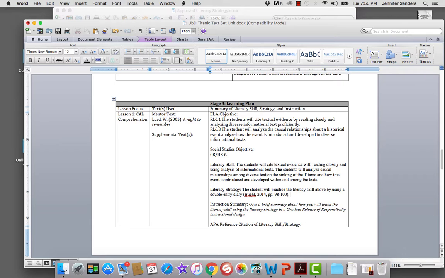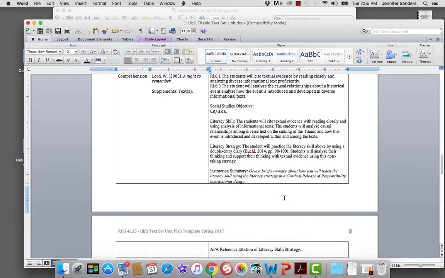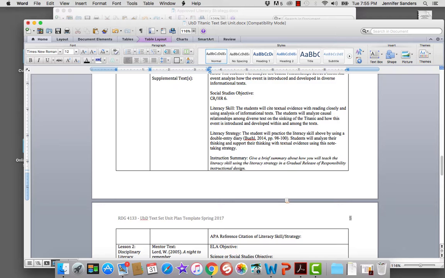So students will analyze their thinking and support their thinking with textual evidence using this note-taking strategy. Okay? Just a brief one statement of what it is, paraphrased in your own words.